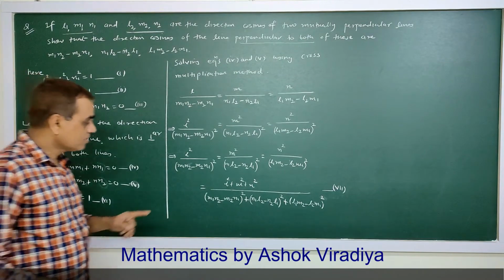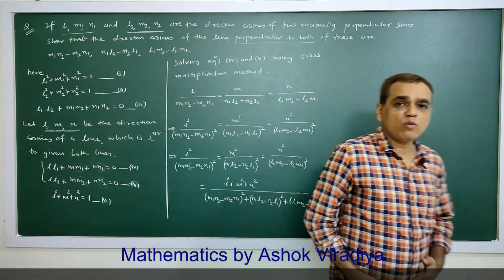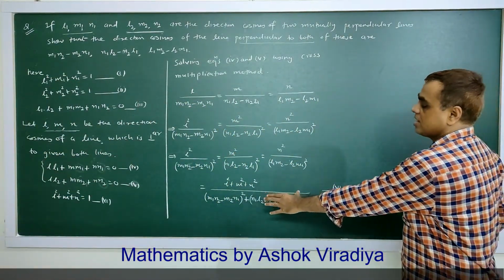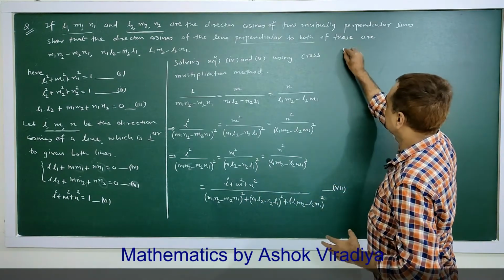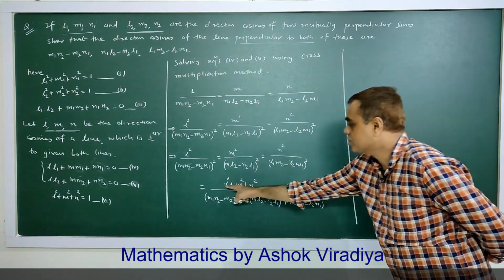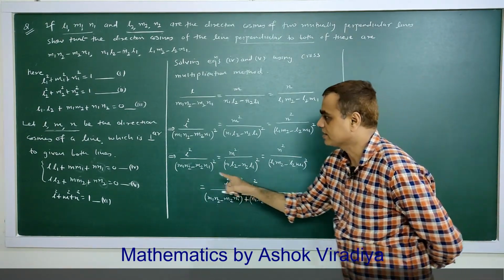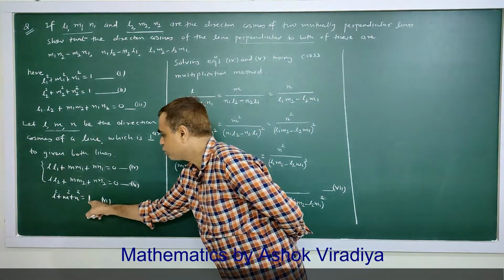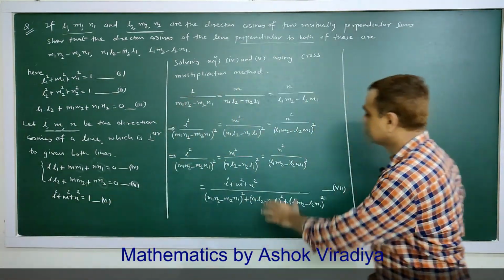Now look, we are going to substitute values in this last ratio. L square plus M square plus N square, that we are going to put 1. So this will be 1.